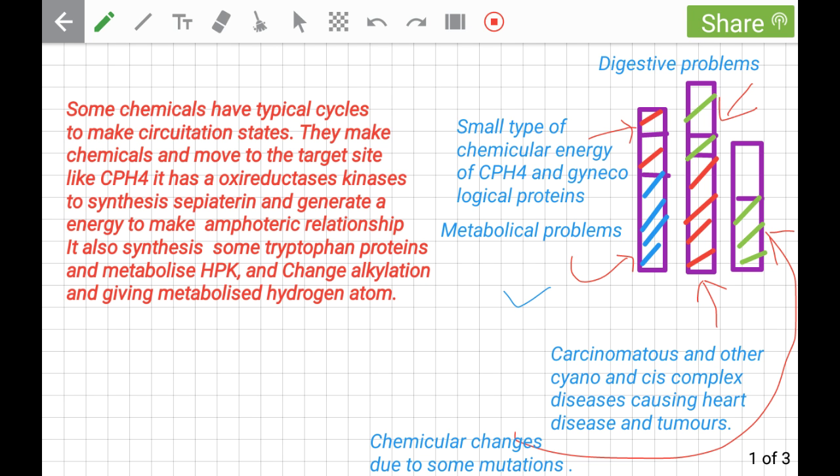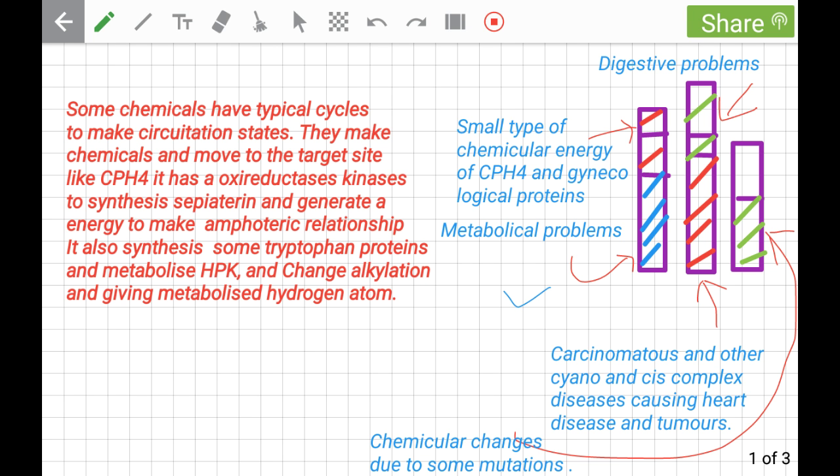So digestive problems are also there, which are caused in the enzymes which catalyze the proteins. They have a certain time limit to catalyze that protein and biosynthesize it.